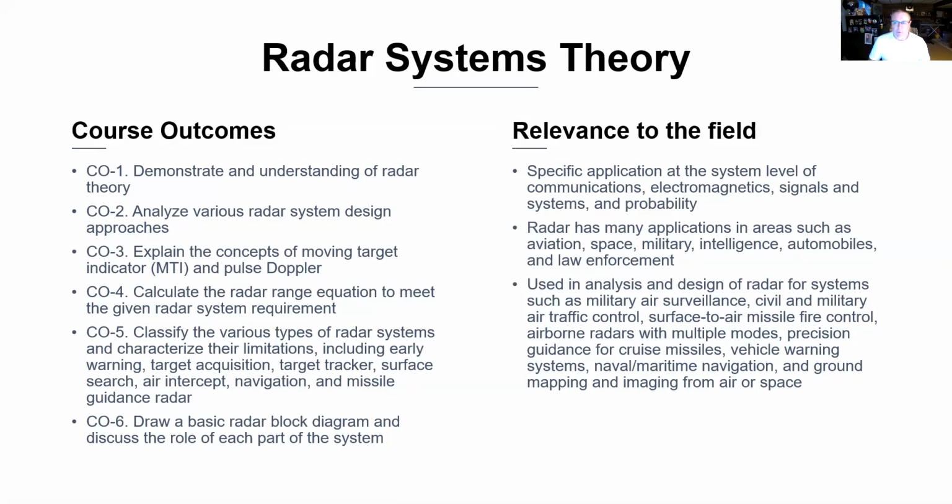Airborne radars perform many functions, have many different modes, some probably up to like 50 different modes. Guidance for cruise missiles, like I mentioned, vehicle warning systems, navigation on ships and boats. An interesting, kind of a different thing, radars that you may not think of as ground mapping and imaging from air and space.